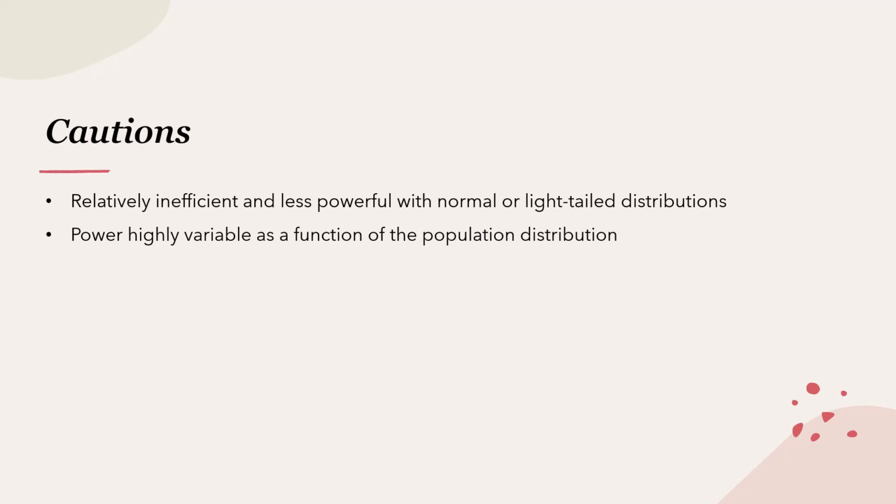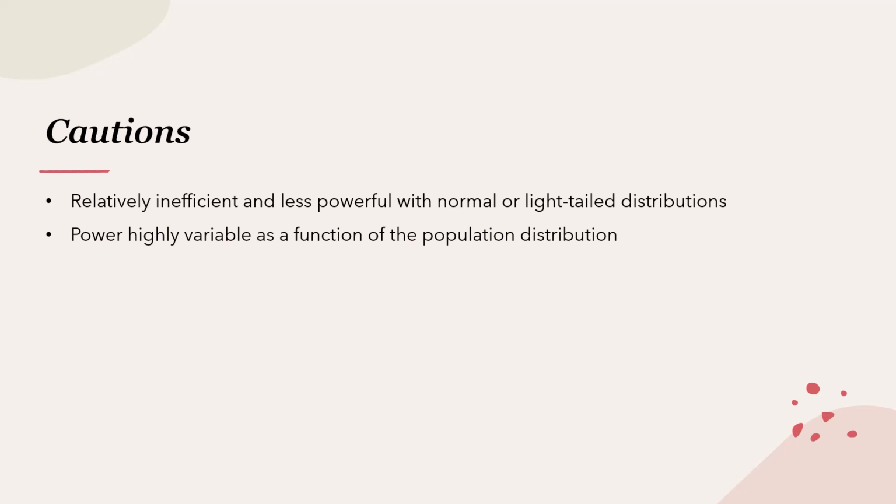The power of the sign test can be highly variable. Relative to its competitors, it can become much less powerful, and it can become much more powerful. If we always knew it was becoming much more powerful, that would be great. But the fact that it has high variability tells us we have to be cautious as we consider the sign test in view of the various shapes of population distributions.